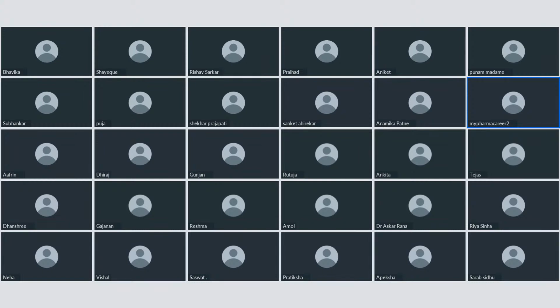Market research is there. So these are the opportunities after MBA. Maybe in a CRO, you can also work in business development or marketing, approaching various CRO sponsors and sites to get projects.